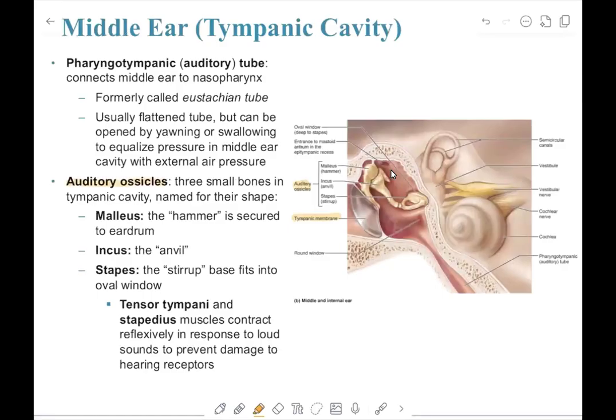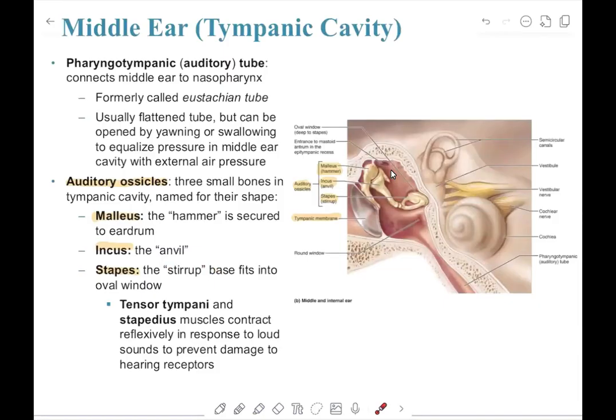And they begin with the malleus, incus, and stapes. Hammer is not the word for it, it's just the description of it. So the name of it is malleus. This is shaped like an anvil, but again, the name of it is the incus. So malleus, incus, and stapes. Stapes is shaped like a stirrup.